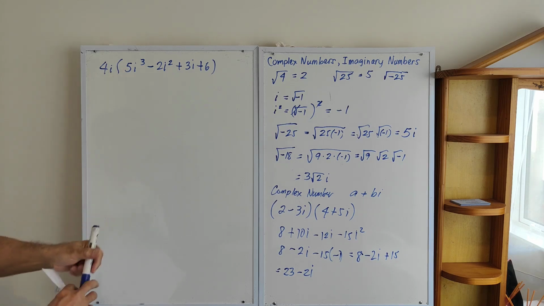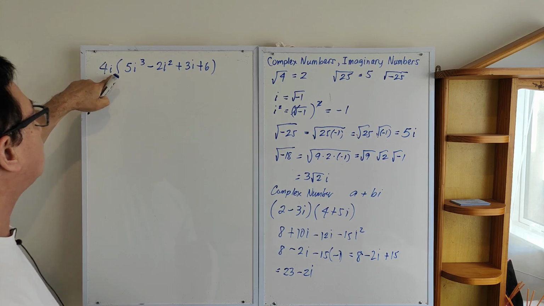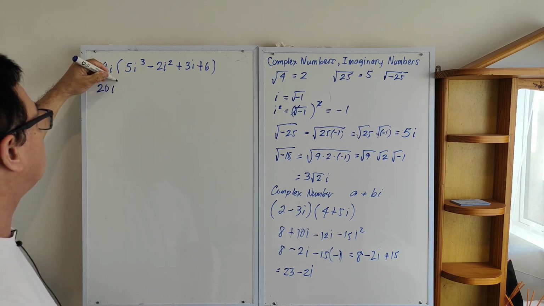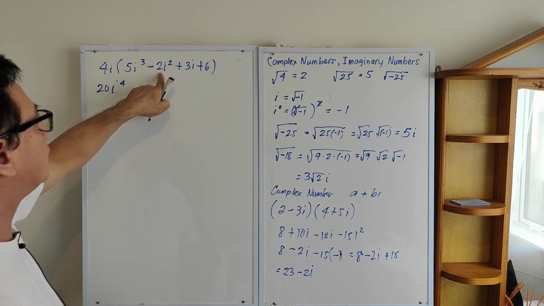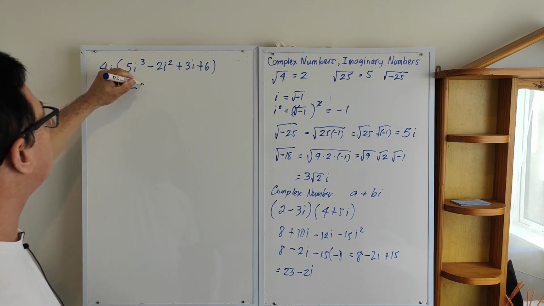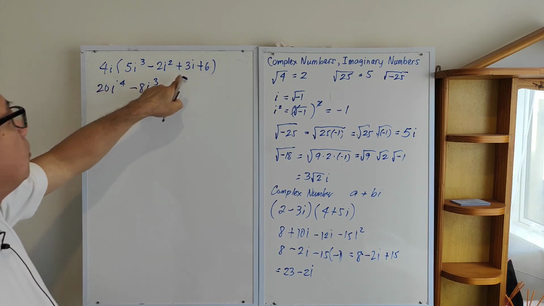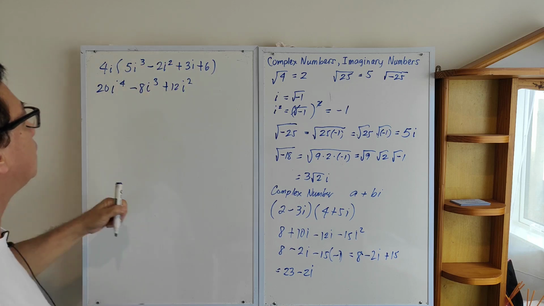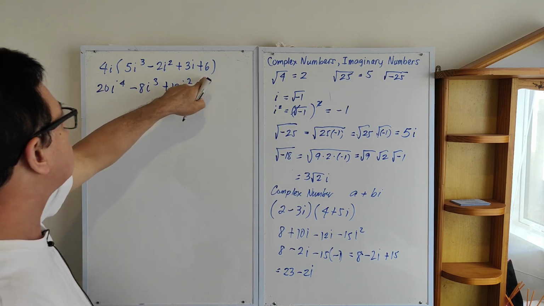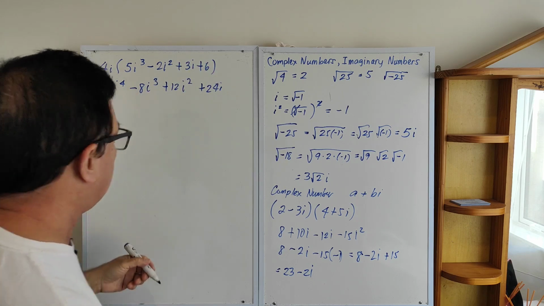So we just multiply. 4 times 5 is 20. i times i cubed is i to the 4th. 4i times negative 2i squared will be negative 8i cubed. 4i times 3i will be positive 12i squared. 4i times 6 is positive 24i.